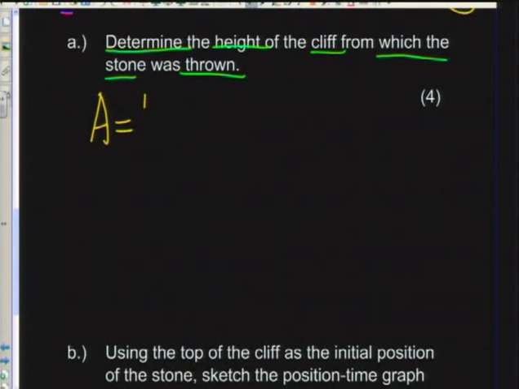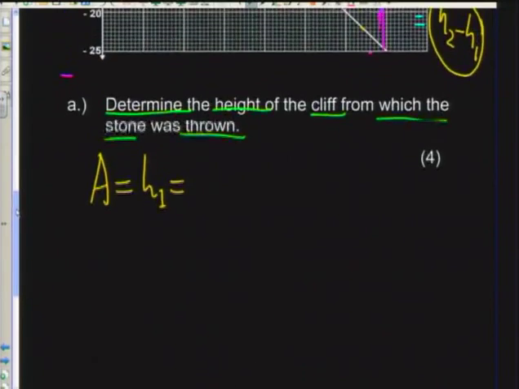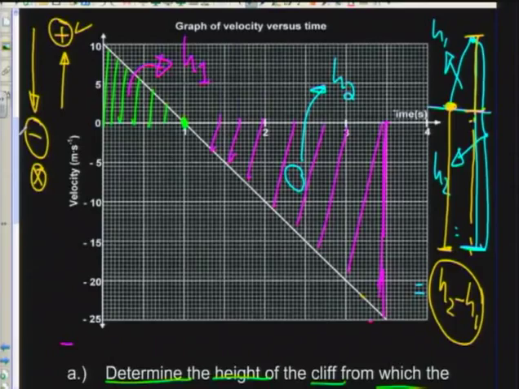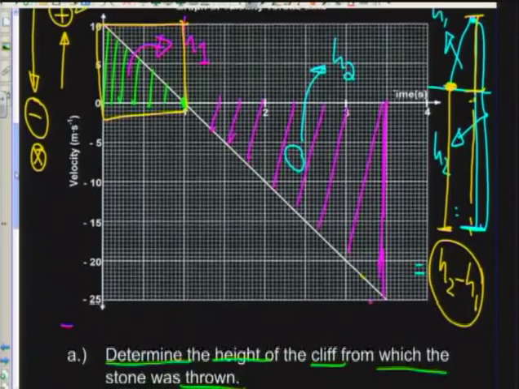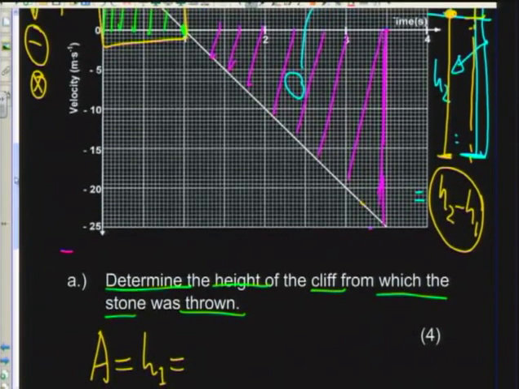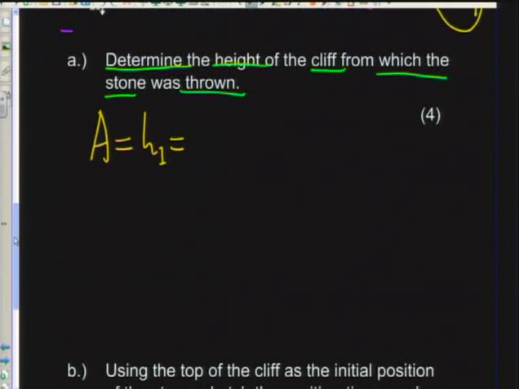All right. So knowing that the area enclosed by a velocity-time graph will be giving me that height or that displacement, it means that for H1, I will be concentrating on this triangle here. If I get the area of that triangle, I will have found how high it moved from the point it was thrown up to the highest point.